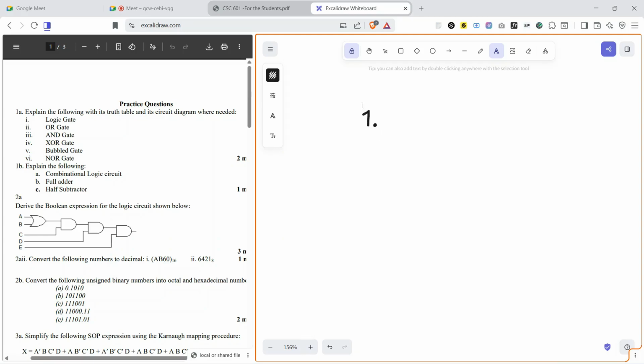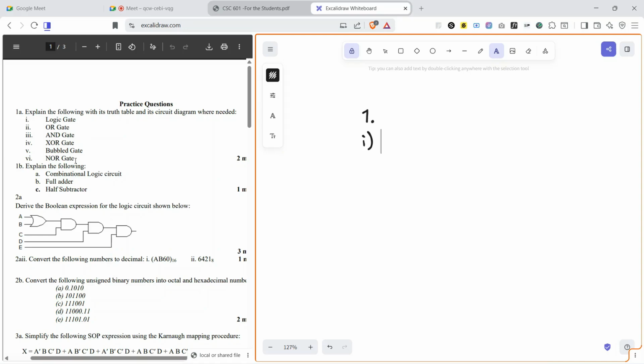For question one, we are told to explain the following with a truth table and its circuit diagram where needed. So the first one is logic gates. Logic gates basically do not have a diagram in that sense, because every one of the things mentioned there, the OR gates, AND gates, and the likes, are all logic gates.